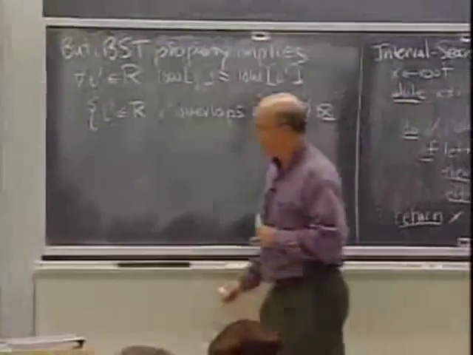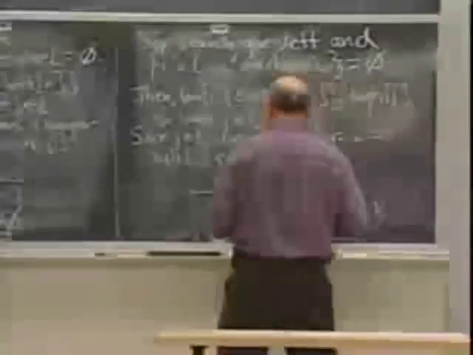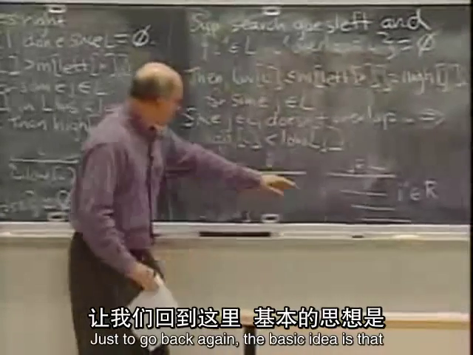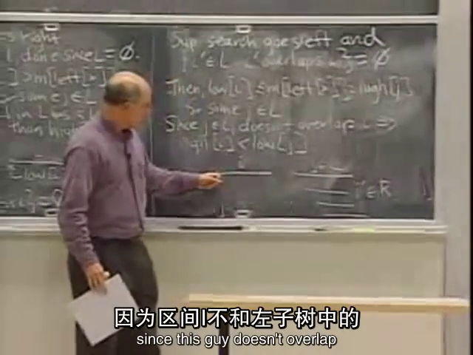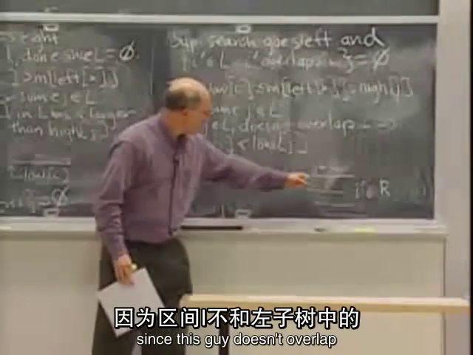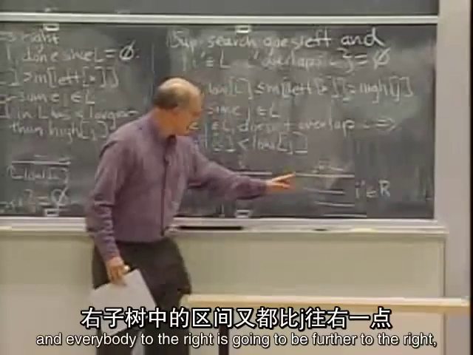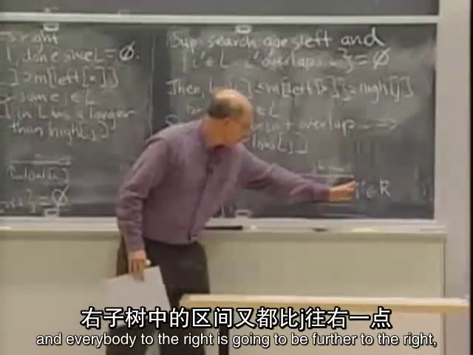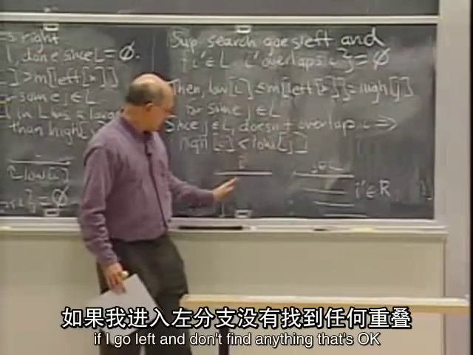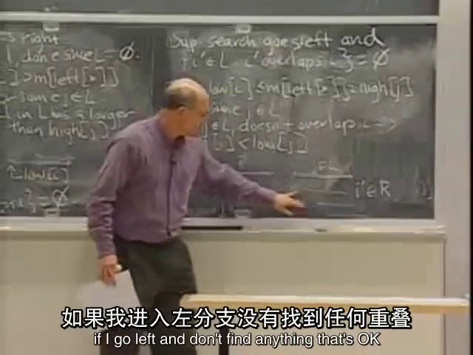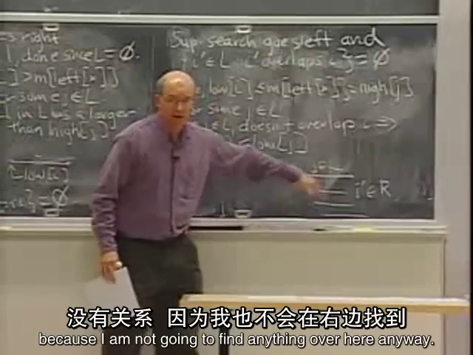So just to go back again, the basic idea is that since this guy doesn't overlap the guy who's in the left, and everybody in the right is going to be further to the right, if I go left and don't find anything, that's okay, because I'm not going to find anything over here anyway. They're not going to overlap.